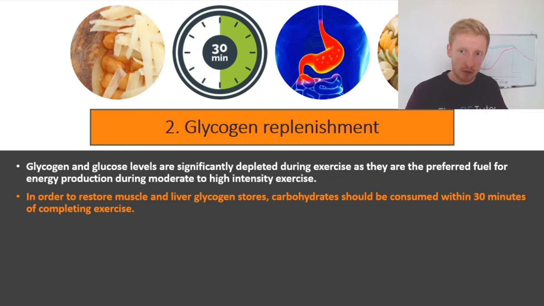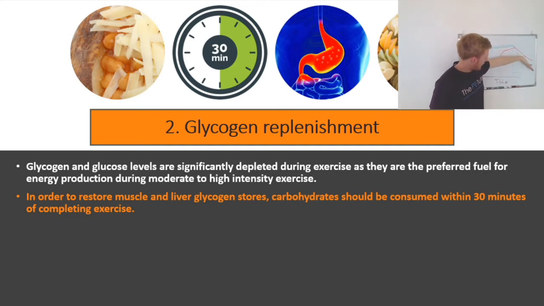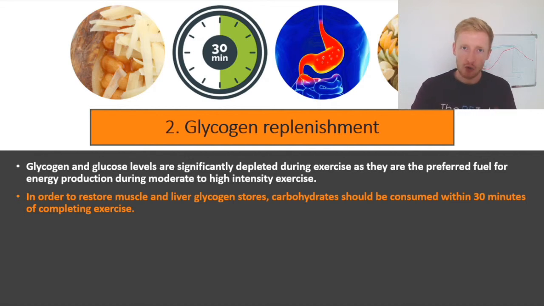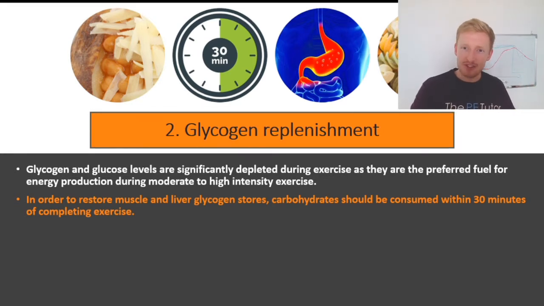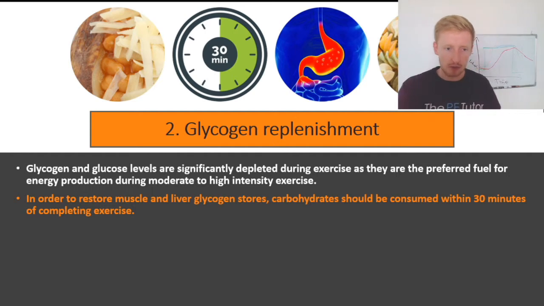Don't want to leave it too long, because otherwise, if our EPOC comes down too low and it's gone too far back to resting levels, then we're not going to be able to access all of these nutrients as quickly or as soon after exercise is finished. It's not the most essential thing, but there is this slight window, this 30 to 60 minutes, where it's optimal, but it doesn't mean that if you eat after that, it's not effective. It's just optimal.